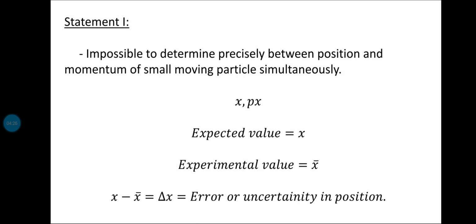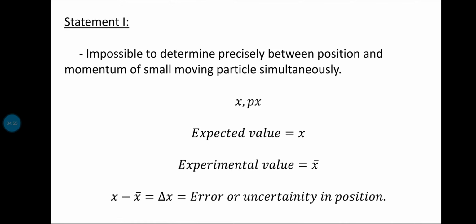Expected value means theoretical value. Then you can do the experiment. Already we have seen the Compton effect. That Compton effect is also useful for determining the position of the electron. By doing the experiment, you can determine the position.